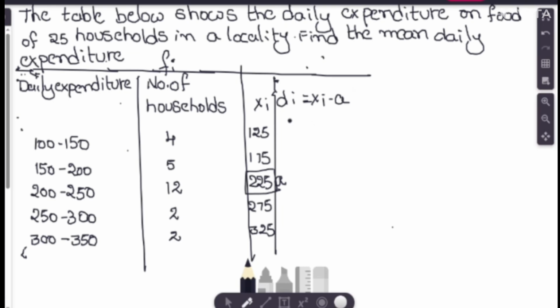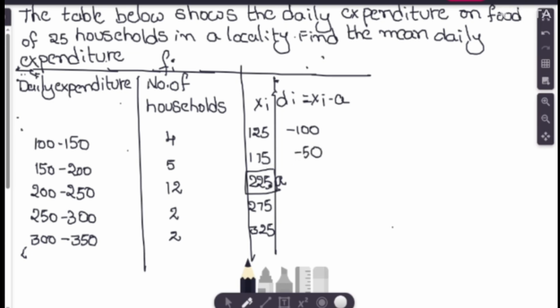Now how to find this? They gave xi minus a. Every xi minus a we have to write here. 125 minus 225 is minus 100, because we are subtracting a big number from a small number. 175 minus 225 is minus 50.